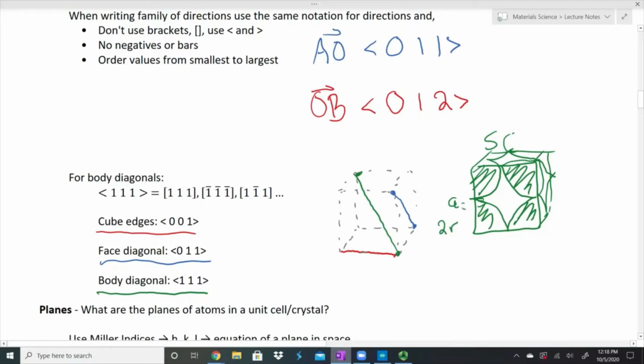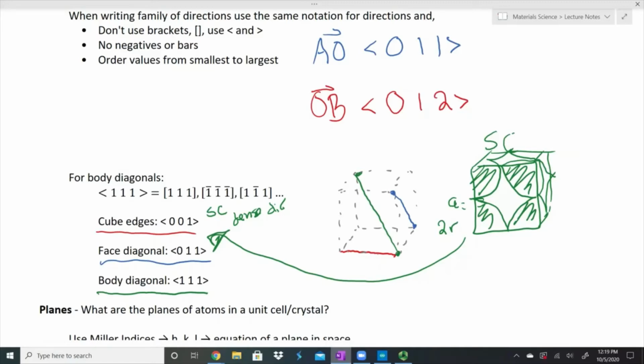A equals 2 radiuses. The reason why we know that, and the reason why we care, is that this is going to be our cube edge. So for simple cubic, our most dense direction is going to be our 0, 0, 1. This is our dense direction for our simple cubic.